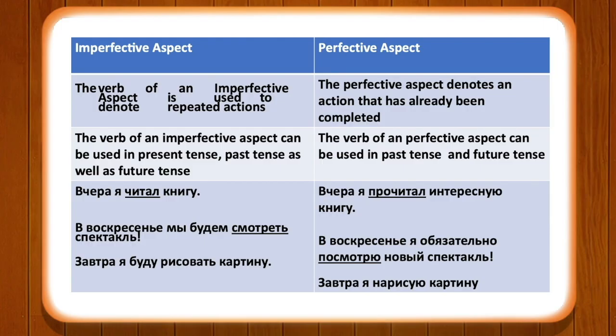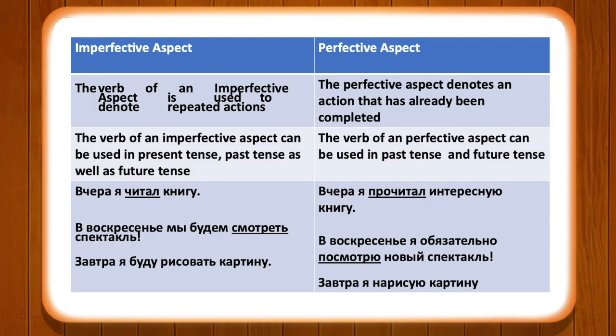For example, вчера я читал книгу and вчера я прочитал интересную книгу. Between these two sentences, the first, вчера я читал книгу, indicates that yesterday I read a book. Вчера я прочитал интересную книгу also means yesterday I read an interesting book.